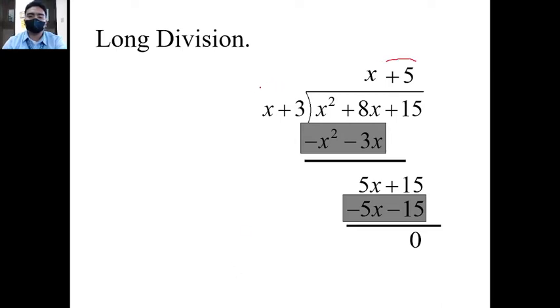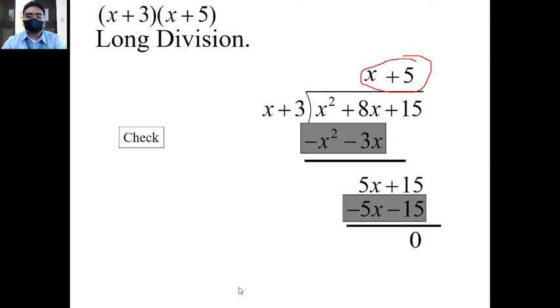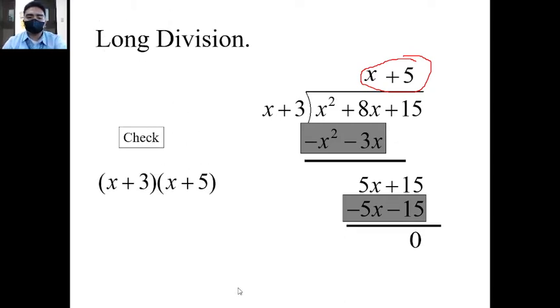So let's try to check if your quotient is correct. Okay, so by checking, you have x plus 3 multiplied by x plus 5 by the FOIL method: first term to first term, outer term to outer term, inner term to inner term, then last term to last term.